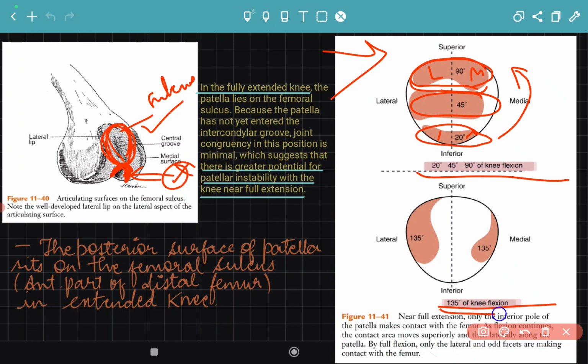And at 135 degrees of knee flexion, full knee flexion, the lateral facet is in contact with the femur, as well as the odd facet is in contact with the femur.